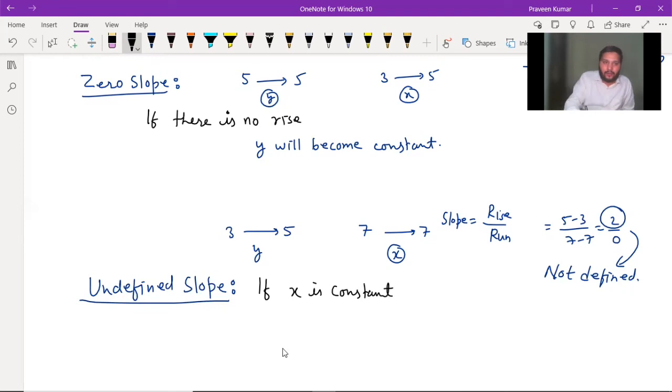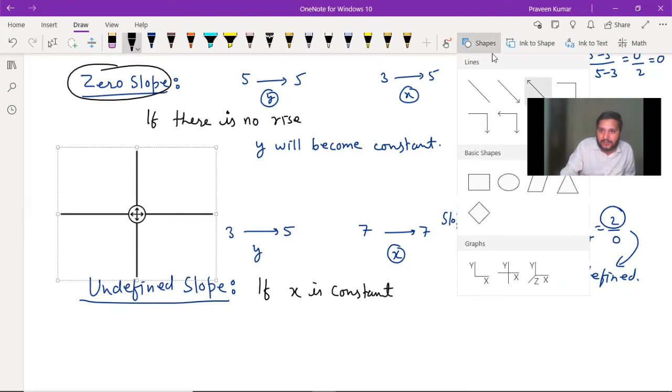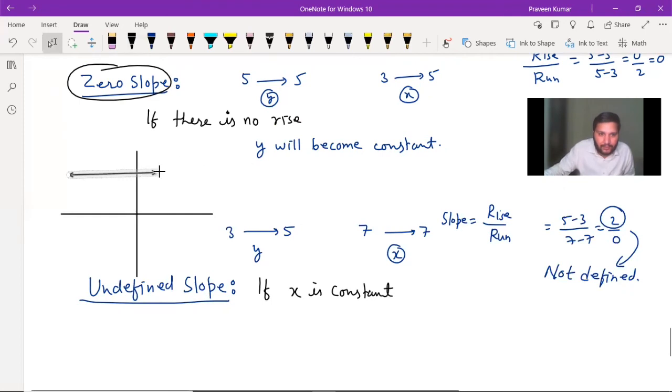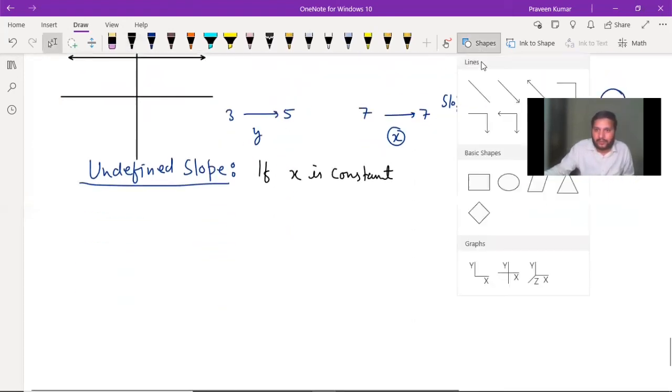Okay. When slope is 0, then the line will be somewhat like this. This is my Cartesian plane. Yes. This is my line. Line will be parallel to the x-axis. There is no rise. Okay.